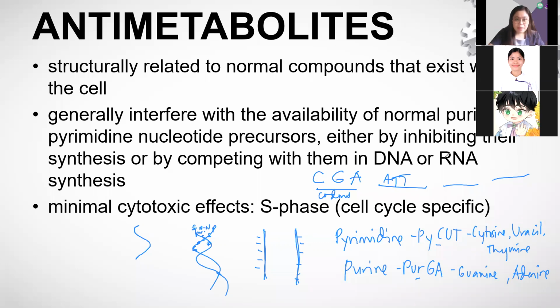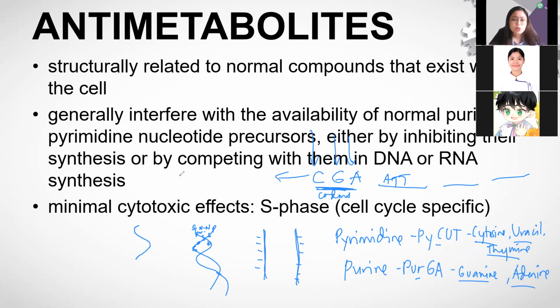Now, the work of antimetabolites, since their structures are similar to these compounds, either cytosine, uracil, thymine, or guanine and adenine, they have almost the same structure. They can act like false nitrogenous bases, wherein if we have a codon like this one, they will replace parts of the codon for either the DNA or the RNA synthesis.